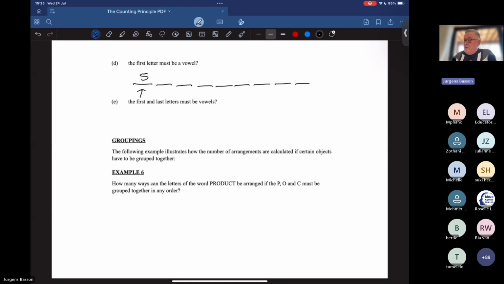So if we start in position 2, we've got 8, 7, 6, 5, 4, 3, 2, and 1. And when I multiply, this gives us 5 times 8 factorial. Just one thing to look out for that I've seen many times in the past is that many people want to put a factorial with 5 as well.